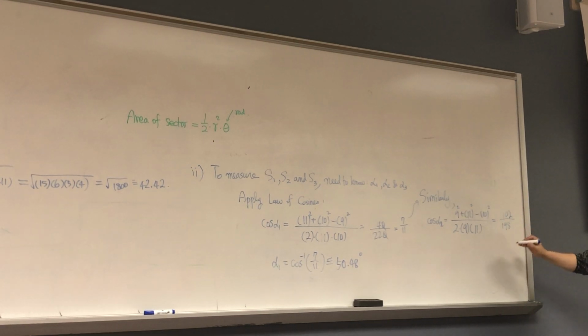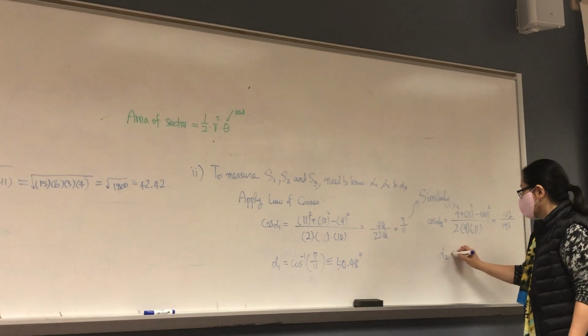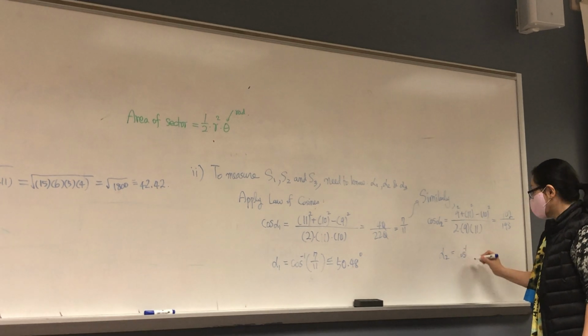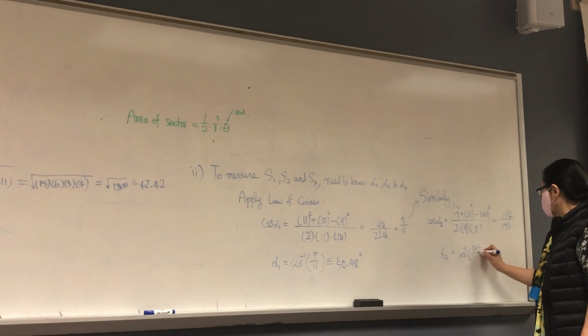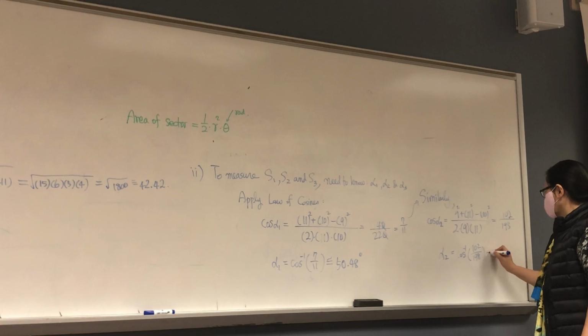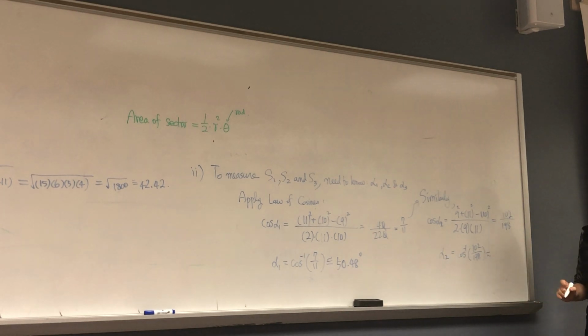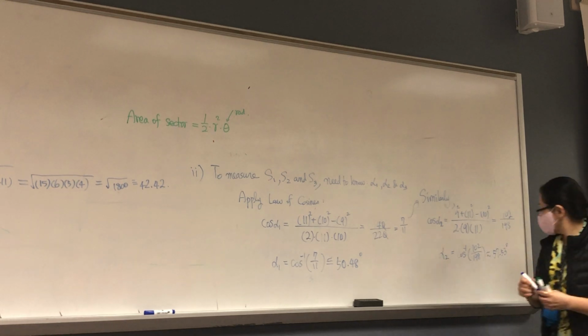So, what is the simple form? Okay, so alpha 2 is cosine inverse 102 over 198. What is it? 57.53.